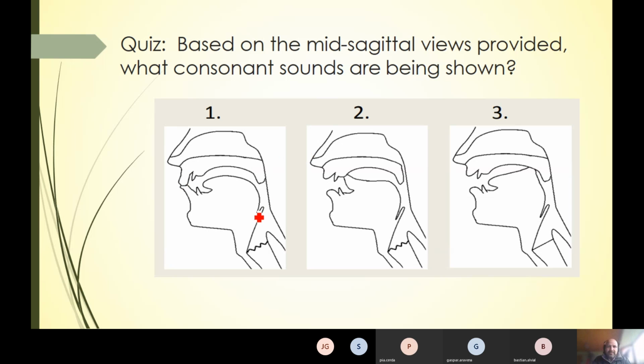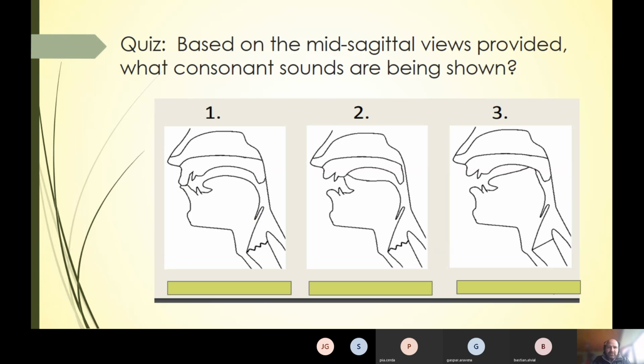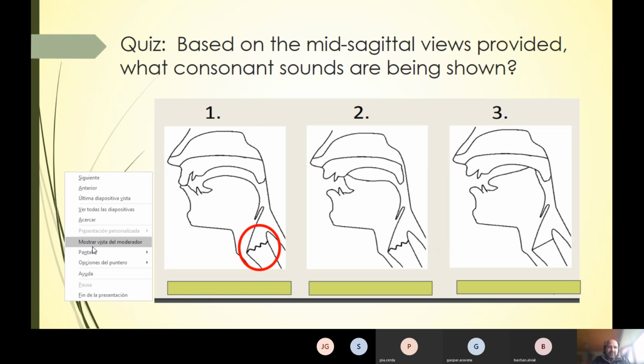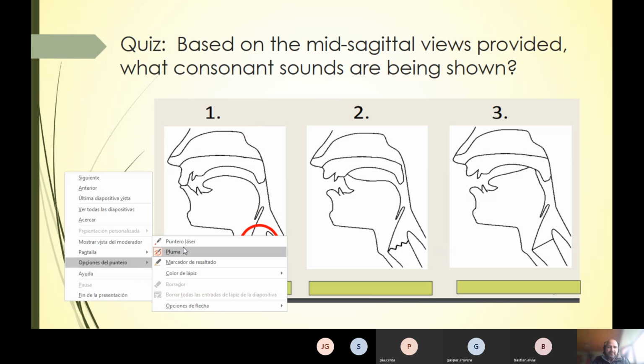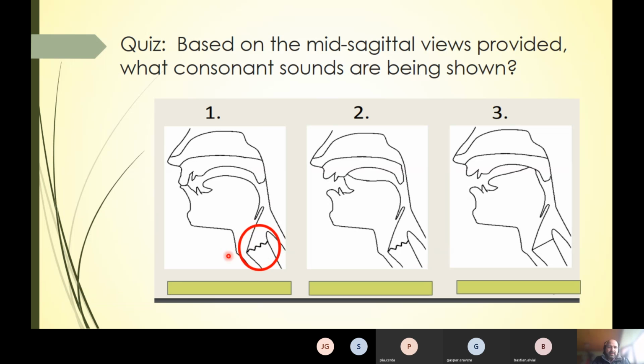Basically, what I want you to do is pay attention to these images 1, 2, and 3, and pay attention specifically to this area in number 1, and this area in number 2.